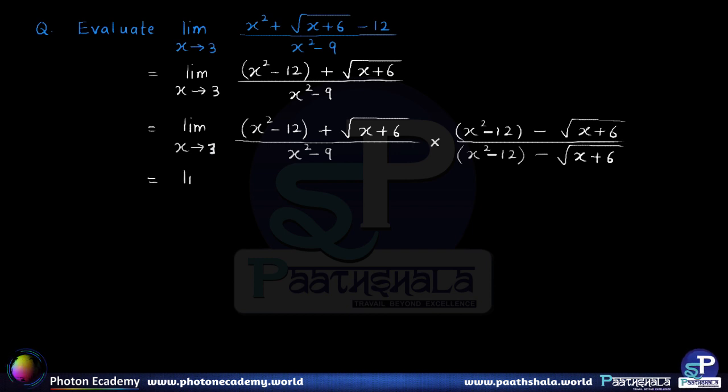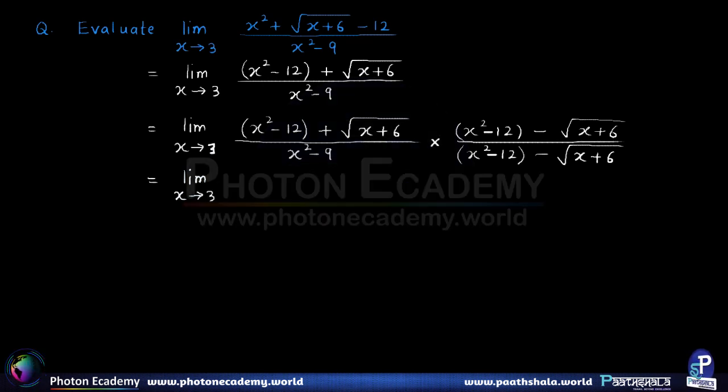So that on simplification gives us x square minus 12 the whole square minus root of x plus 6 squared, which is nothing but minus of x plus 6, isn't it?